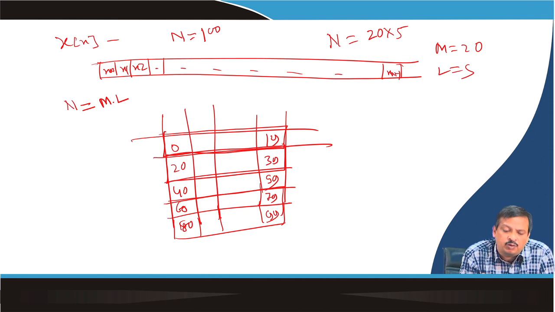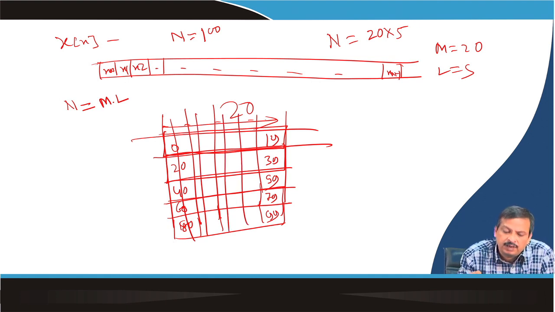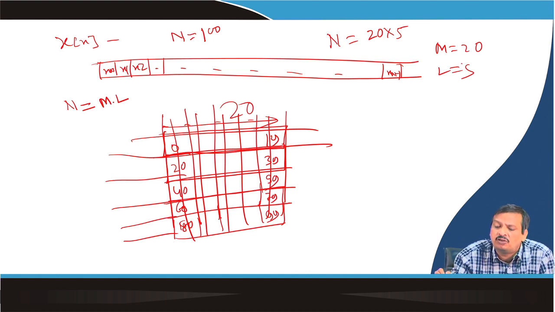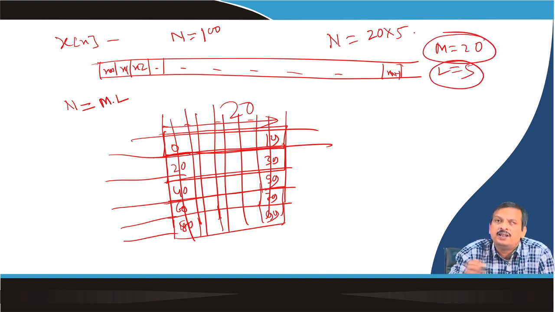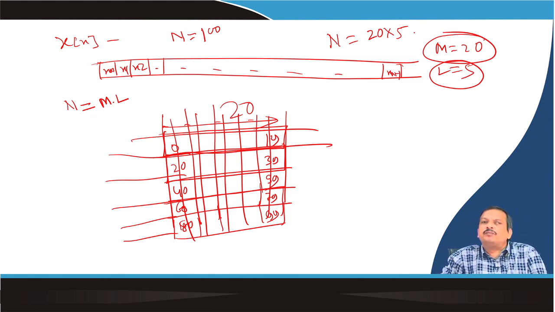So this is 20 samples, so there will be 20 columns and 5 rows. So the number of rows is defined by L and the number of columns is defined by M.